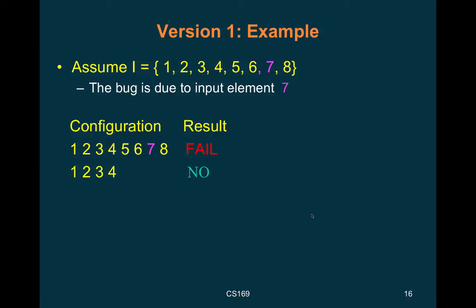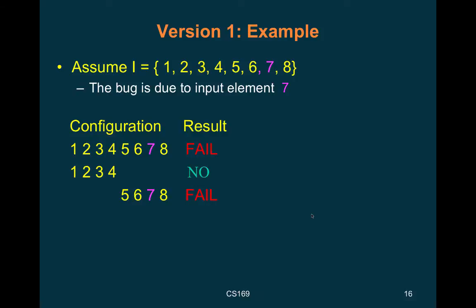Now we're going to start chopping the input. We take the first half, and delta debugging runs this, and it's not going to see the failure because the MRI is not in there. So it does the second half, and because the MRI is there, and because this failure is monotonic, meaning that 5, 6, and 8 cannot mask the failure, it's going to see a failure.